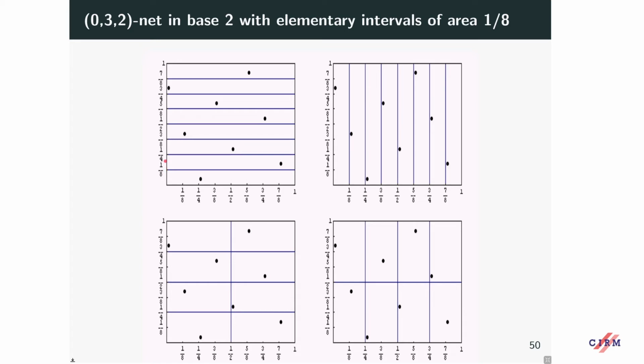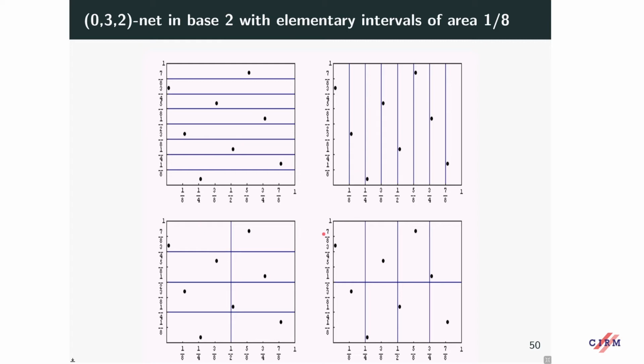You can look at the intervals. They go from 0 to 1/8, 1/8 to 1/4, 1/4 to 1/2, just like how we defined elementary intervals. And similarly, this one partitions the space into vertical rectangles of area 1/8. In this case, the width is 1/2 and the height is 1/4.